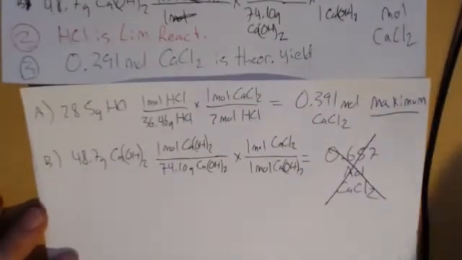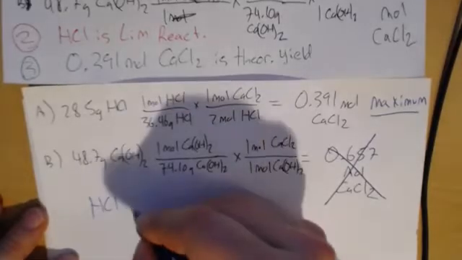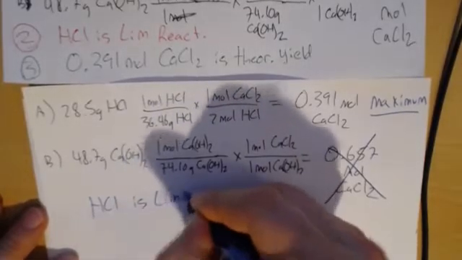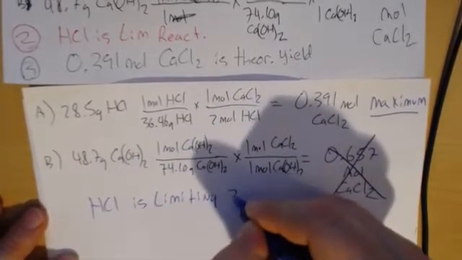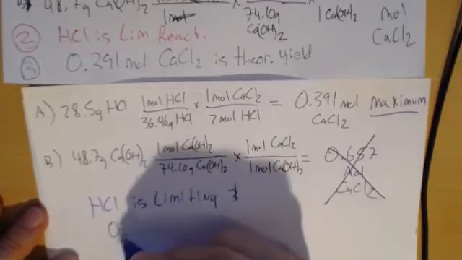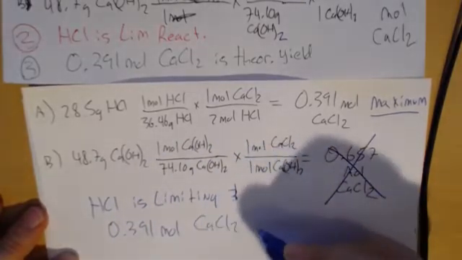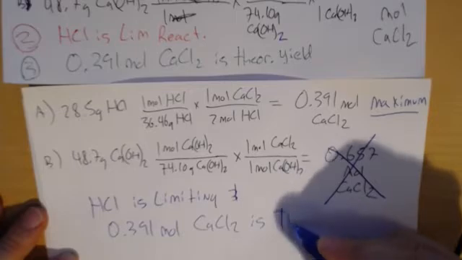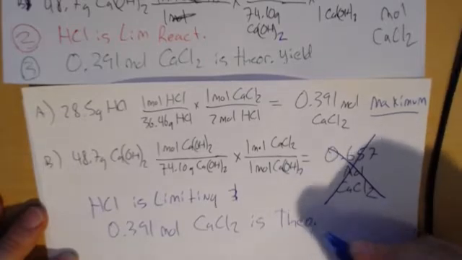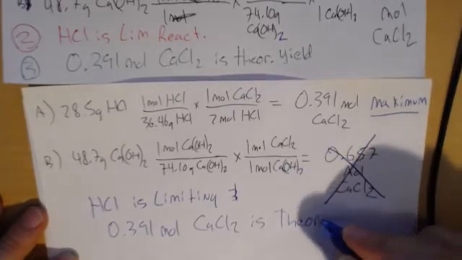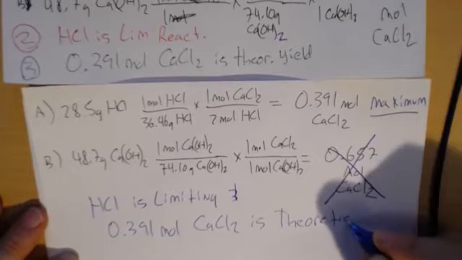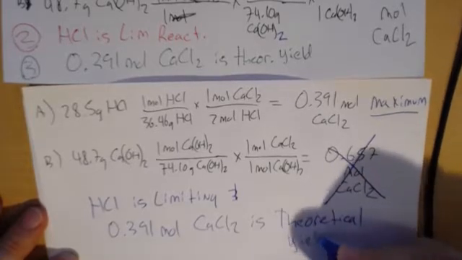So HCl is limiting, and 0.391 moles calcium chloride is theoretical yield. Oh, spelled out. Okay, theoretical yield.